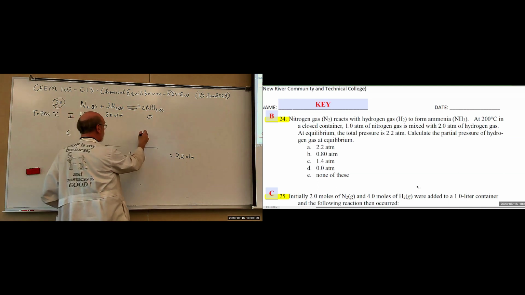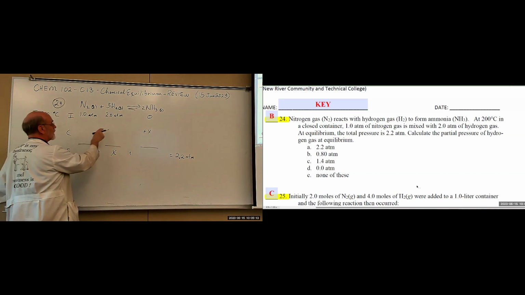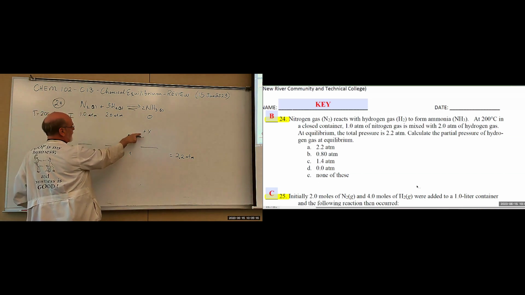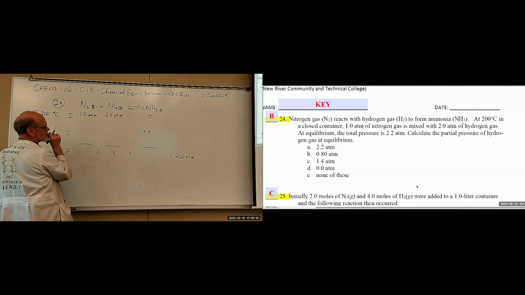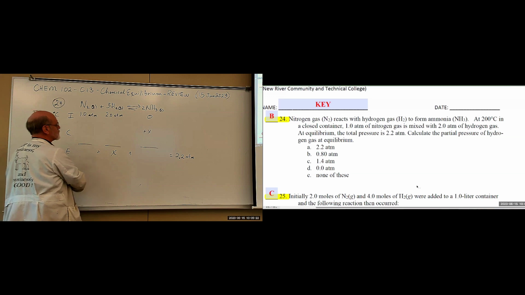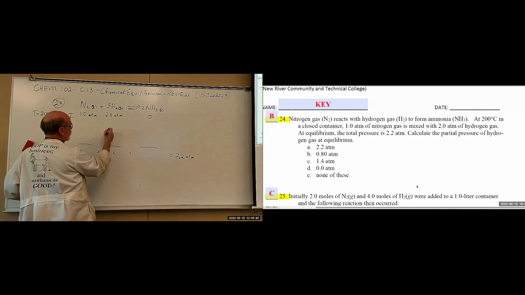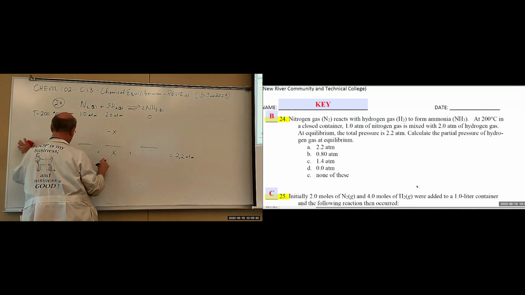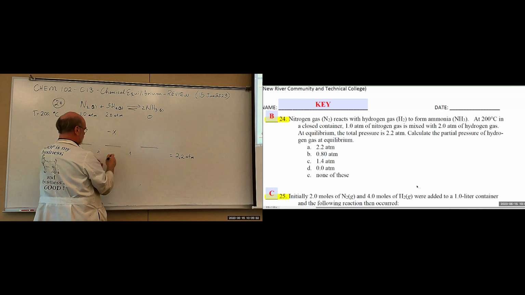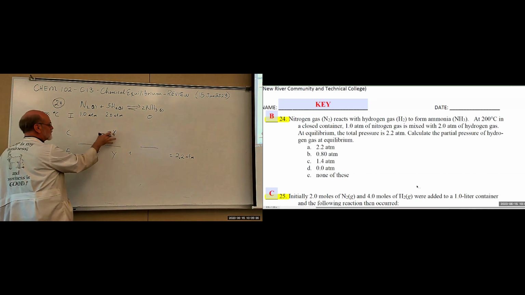So we're going to have some over here show up over there, and we're going to lose some over here. I'll tell you what, we're looking for X. Let's choose our X more prudently. We're going to lose some of this one, X. And that means we need to pick a different variable here, Y. Okay, we're going to lose some of this.